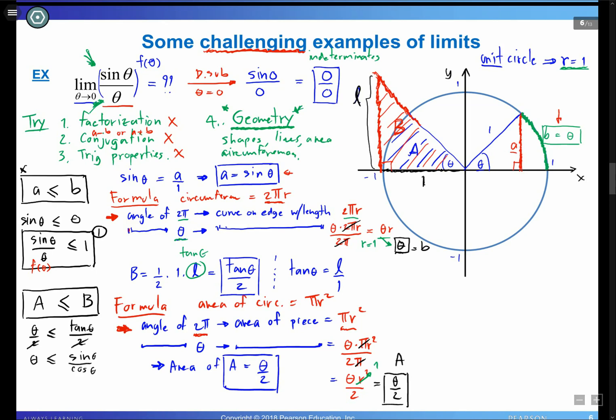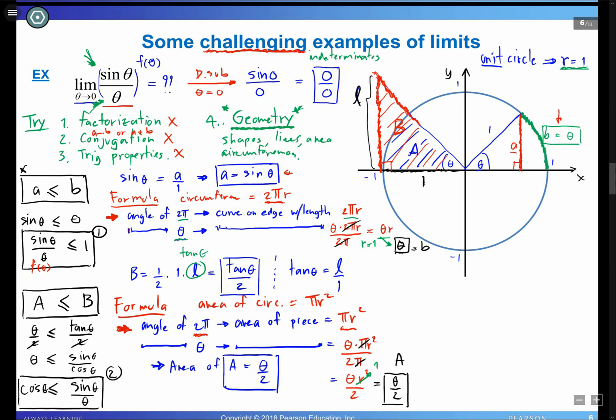Now I'm going to move things around: move cosine theta to the other side and move theta down under sine theta. I'm going to get sine theta divided by theta is greater than or equal to cosine theta. And there you go. We have this second inequality to use later, number 2.